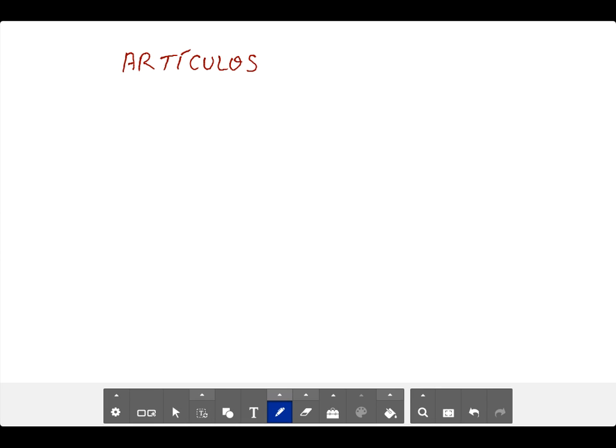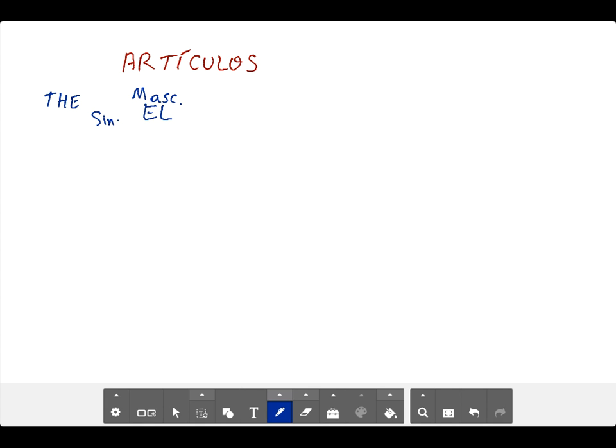Artículos, articles in Spanish. Articles in Spanish are the short words that precede the noun. So when you say the book, those are the definite articles. In English, you have the. In Spanish, though, the matches the noun. If the noun is masculine and singular, you would use el before the noun.